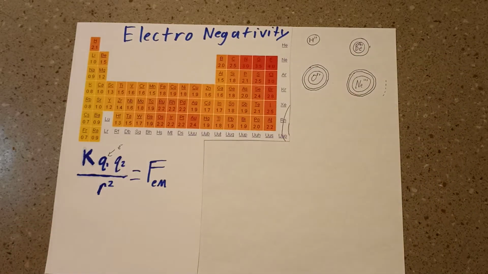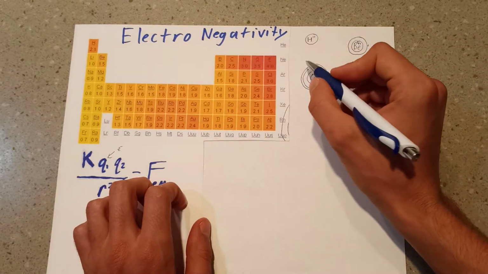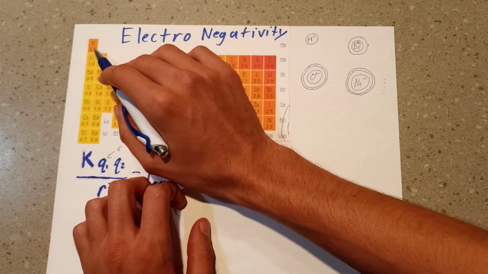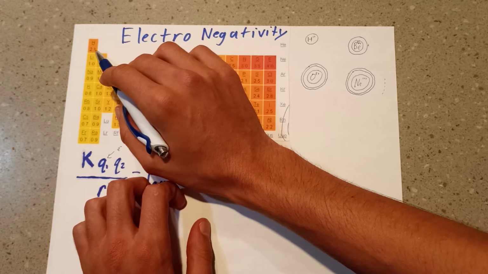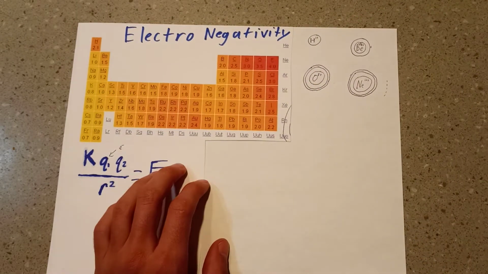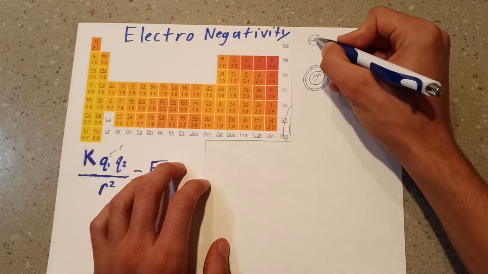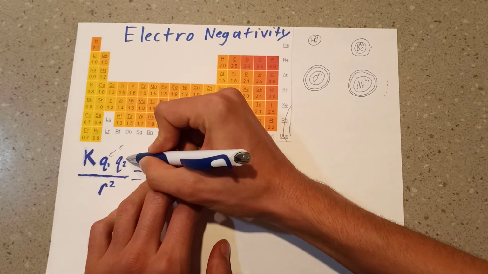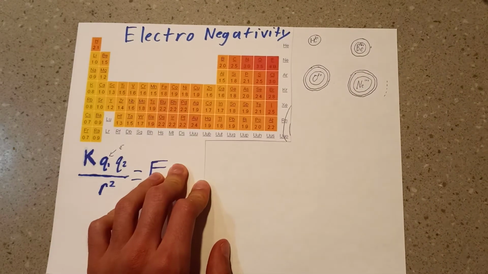So let's see here. Hydrogen has electronegativity of 2.1. Helium, why is helium like 0? Why is helium totally 0? He's got one more proton. This guy goes up by 1. So why doesn't it go up?